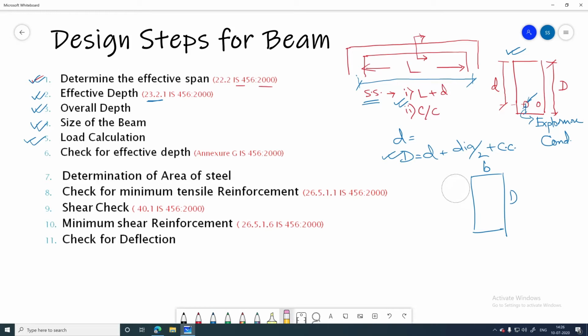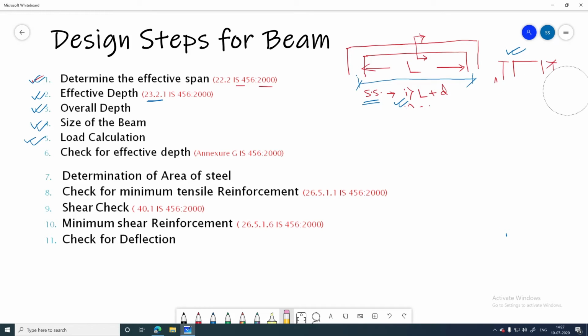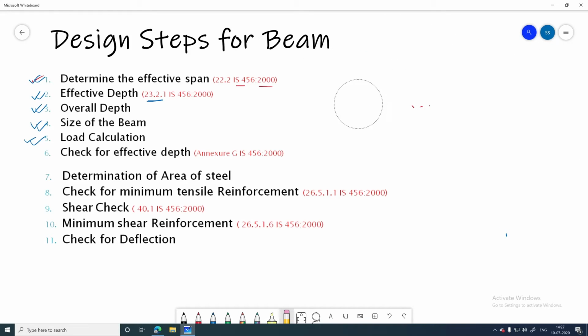Before that I am just removing these things. So coming to the load calculation, we need to determine first the self weight. Now suppose the dimensions b and d are given. What will be the value of the self weight?